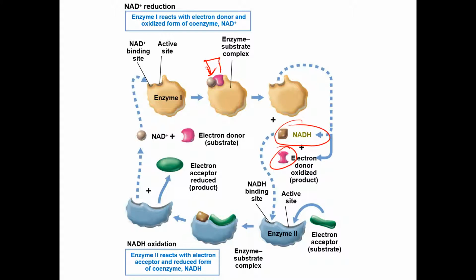Now NADH will transfer those electrons to some other molecule. NADH comes in and binds to another enzyme. You have another molecule that's an electron acceptor, a molecule that can accept electrons.